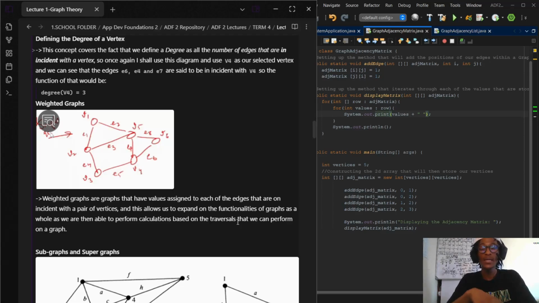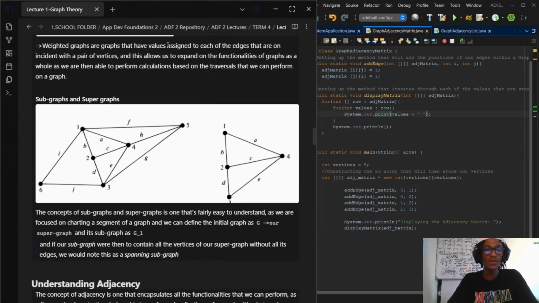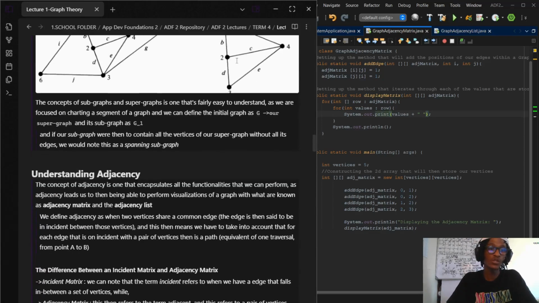So now we can calculate the path that will span, and figure out how many values of 10 we can calculate across traversing the entire graph. Weighted graphs are just graphs that have values assigned to the edges and vertices, and this allows us to expand the functionalities as a whole since we're able to perform calculations based on the traversals.